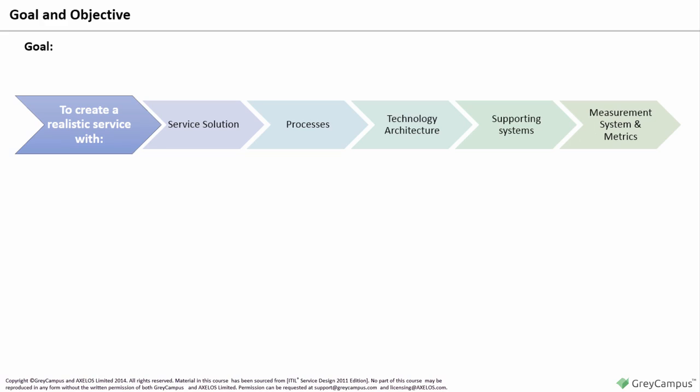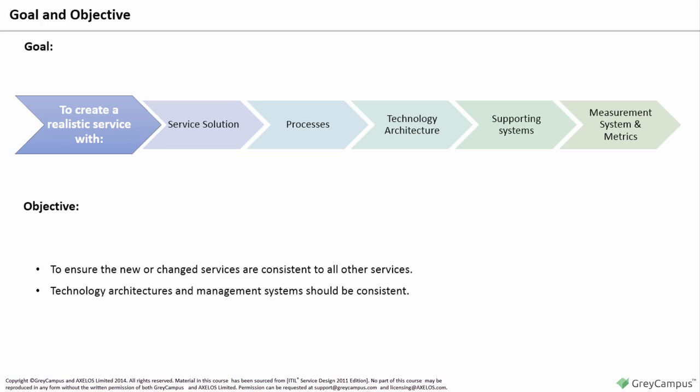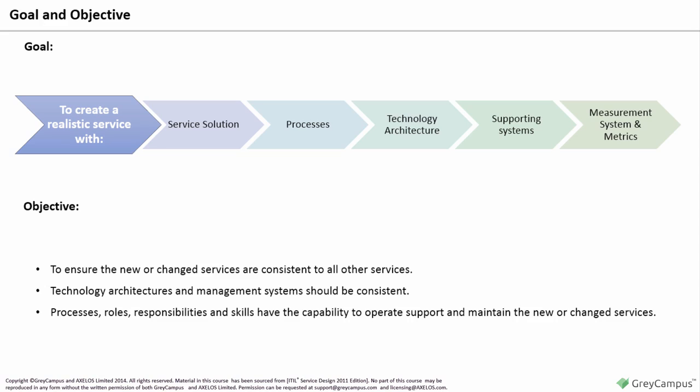And these goals can be achieved by some objectives, like to ensure the new or changed services are consistent to all other services. Technology architectures and management systems should be consistent. Processes, roles, responsibilities and skills have the capability to operate, support and maintain the new or changed services.